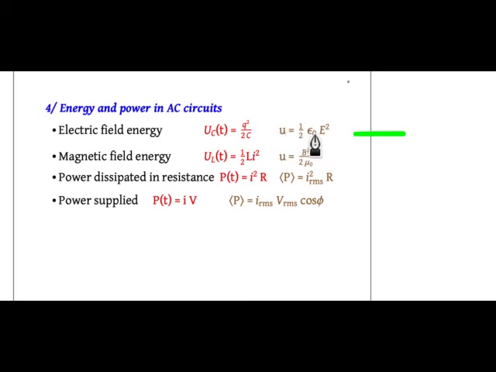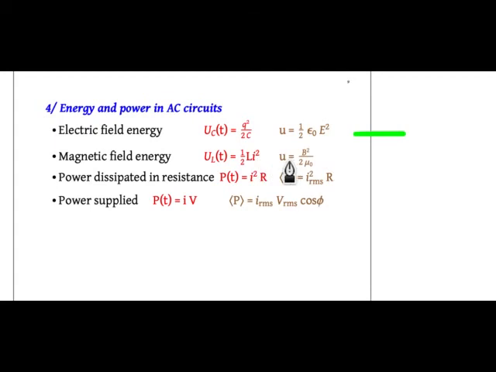That's energy density. If you multiply by the volume enclosed by the capacitor, you get the energy stored in the capacitor. There's magnetic field energy stored in the inductor. The energy of the inductor is 1/2 Li squared.